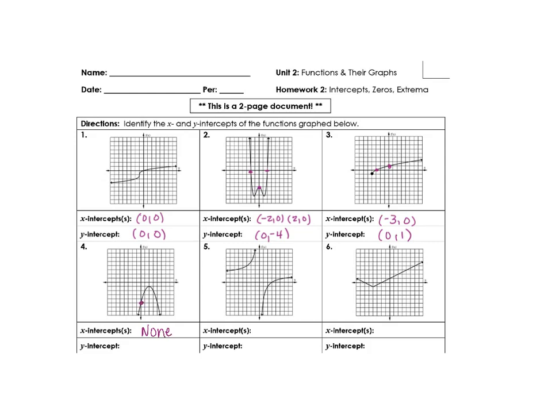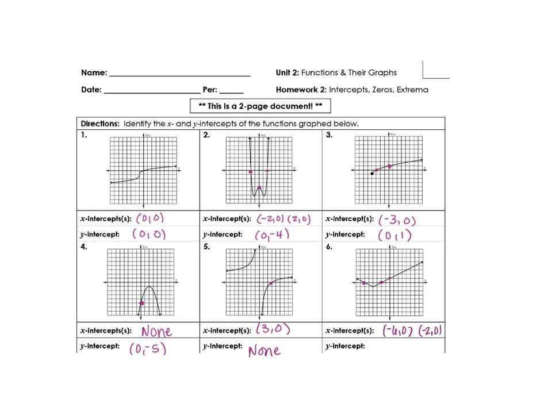And it looks like we cross the y-axis down here at 0, negative 5. Our next one, we have one x-intercept there at 3, 0, and we don't have any y-intercepts there. And then our last one, it looks like we should have a couple of x-intercepts out here and then over here. So we have negative 6, 0, and negative 2, 0.